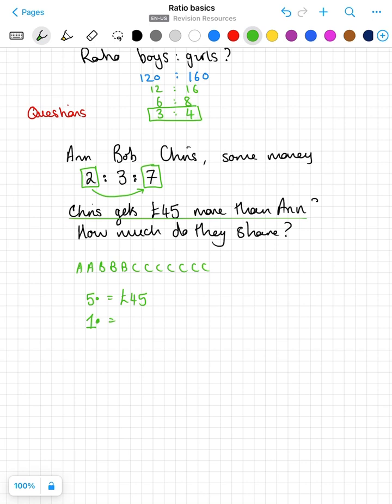So that's 45 divided by 5, which is 9. So every one share is £9. So how many equal shares were there? 7 plus 3 plus 2. That's a total of 12 equal shares, each at £9. So we do 12 times 9, that's £108.